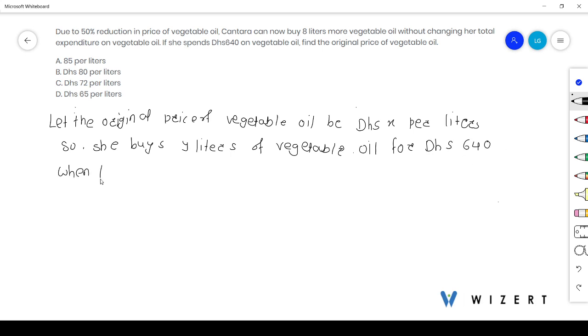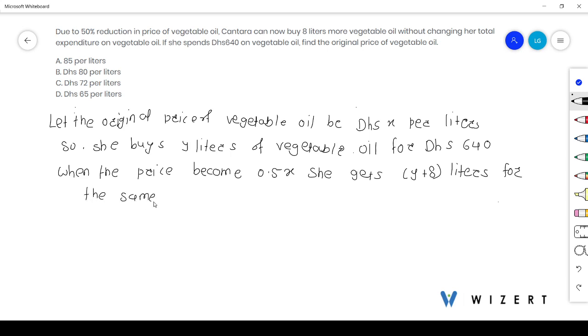When the price becomes 0.5x, she gets Y plus 8 liters, as she gets 8 liters more vegetable oil, that is Y plus 8 liters for the same price, that means 640 dirham.